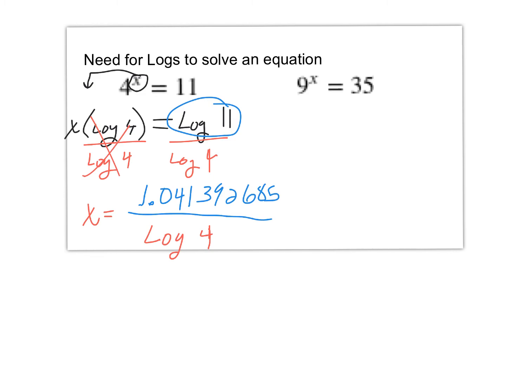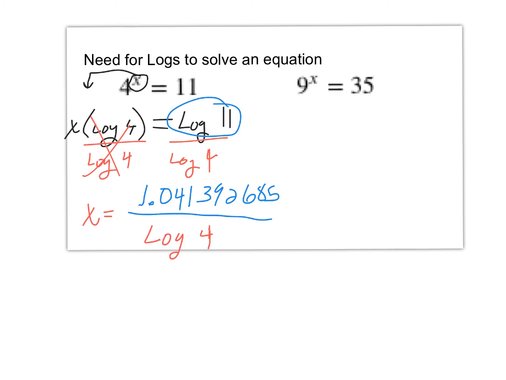For most TIs, the graphing calculator and scientific calculator, you can type in log 11 and hit equals. For some of the lower functioning TI calculators, you have to hit 11 and then hit the log button, and it'll come up with this. But even if you have to do it that backwards way, you still need to hit equals so it separates what you're about to do next.